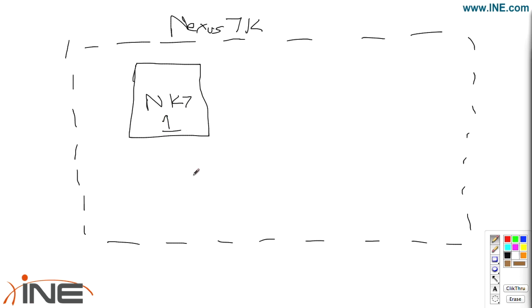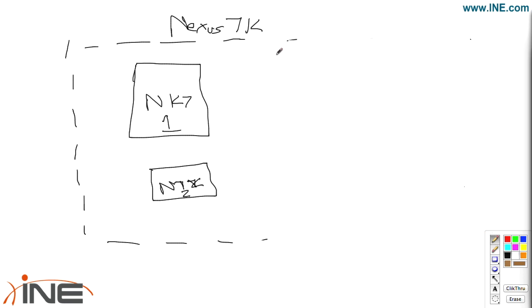And I'm going to create another one, let's come down here, and I'm going to create N7K2. One of the things I wanted to have, I'm just going to erase this real quick, is 2 physical chassis as well, as you typically would.